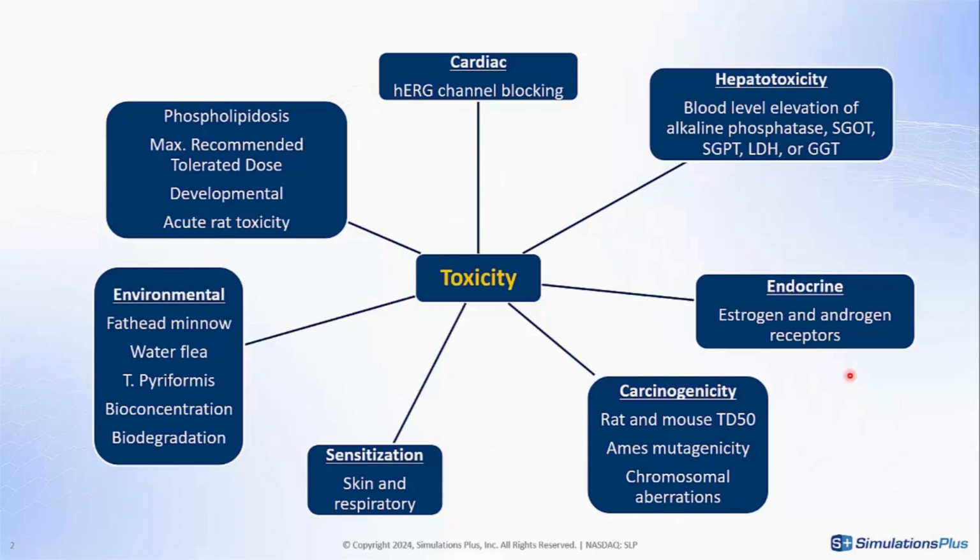These models are relative binding affinity to the native ligand, and so they're a percentage, going up to 100% potentially. Then we have some models for carcinogenicity. I'll discuss the rat and mouse TD50 and anti-mutagenicity models in more detail.